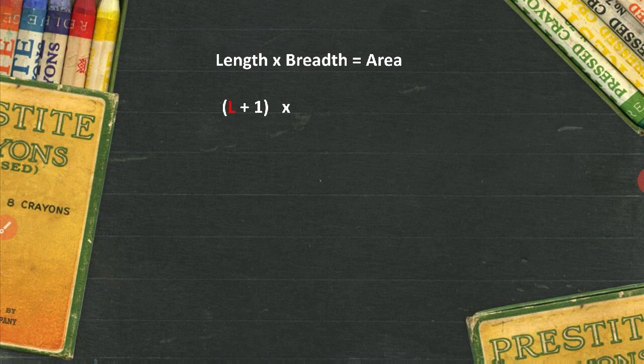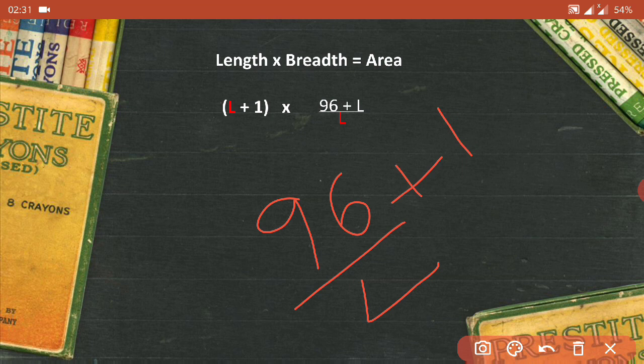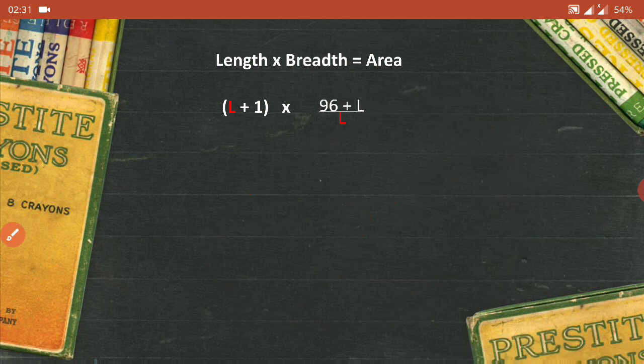So the new length will be L plus 1 and breadth will be 96 plus L upon L. All I have done is, it was 96 upon L plus 1, so this L will be multiplied over here, and the rest is the same. So 96 plus L upon L will be my breadth. I hope this is clear. I've explained how you get it in some other videos also.